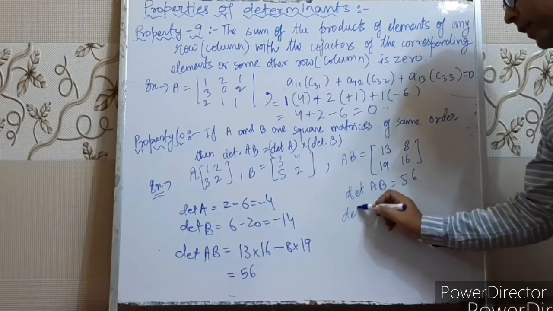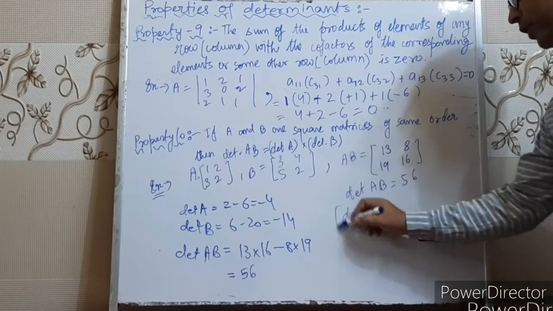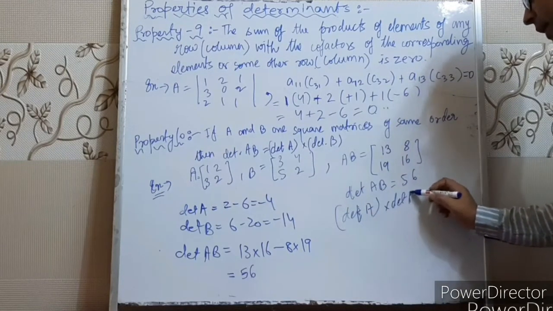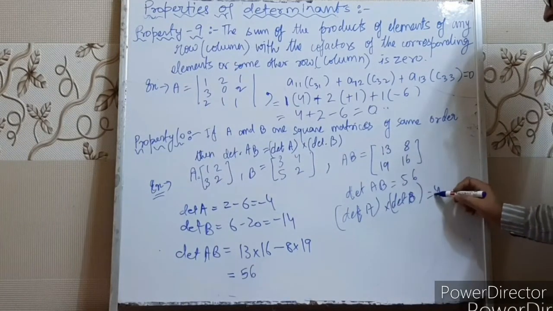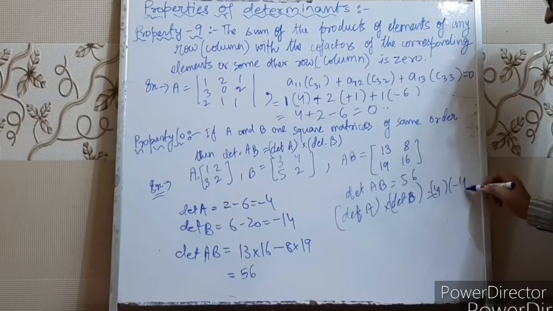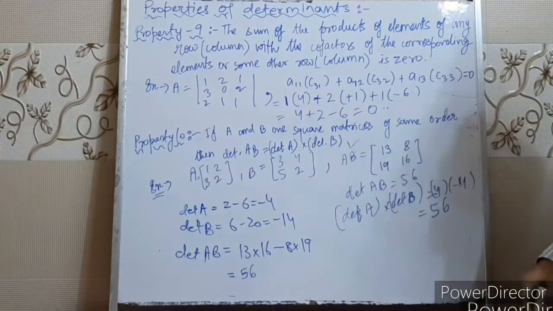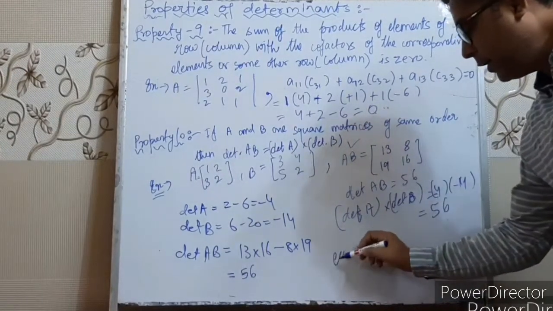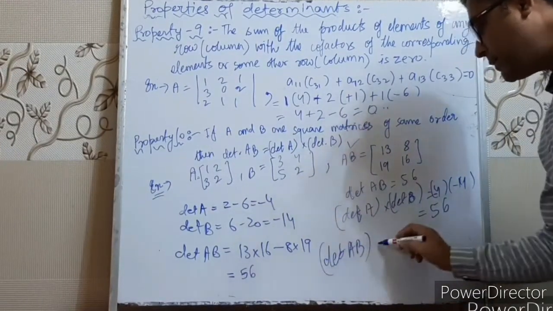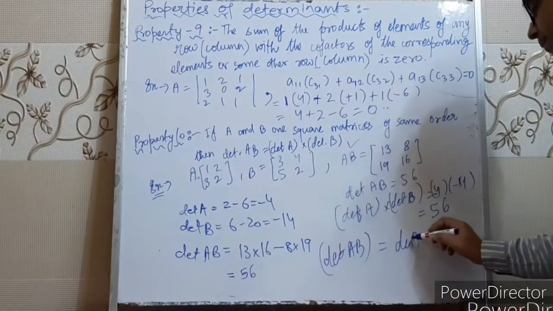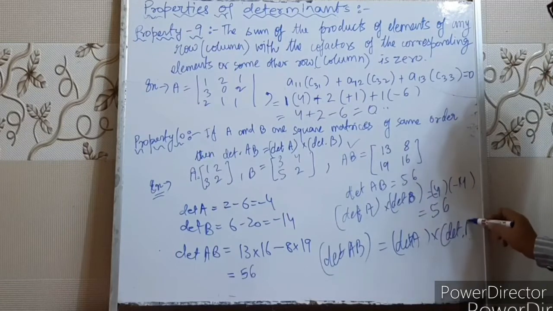When we multiply the determinant of A into the determinant of B, minus 4 into minus 14, this is again 56. So we have again verified this property that the determinant of AB can be written as the determinant of A into the determinant of B.